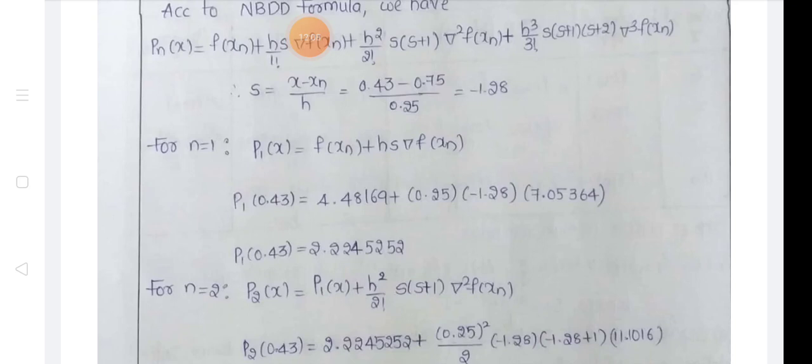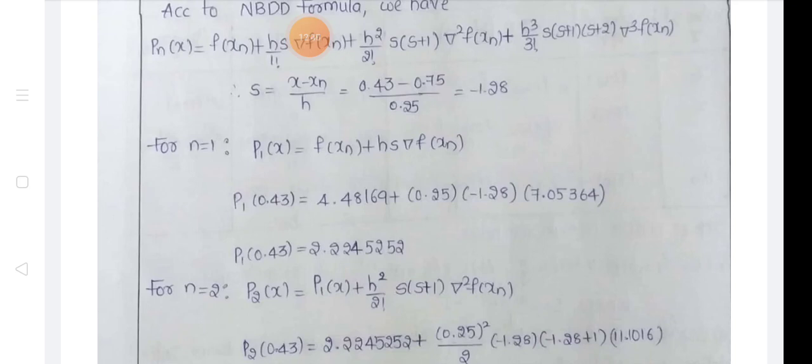P1 of 0.43 equals f of xn 4.48169 plus h 0.25 into s minus 1.28 del f of xn 7.05364. P1 of 0.43 equals 2.2245252.